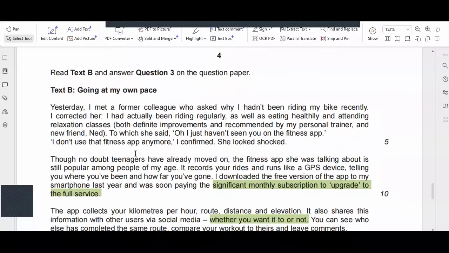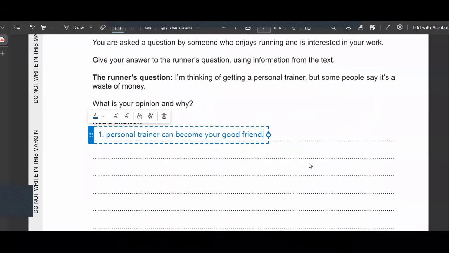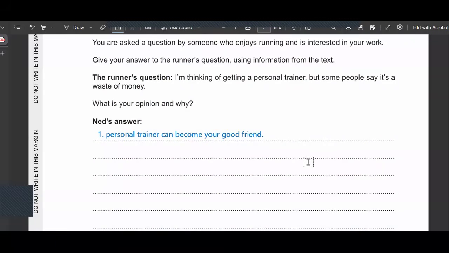So that means if you're hiring someone as a personal trainer, the person can become your friend. Then this opinion is supposed to be developed.